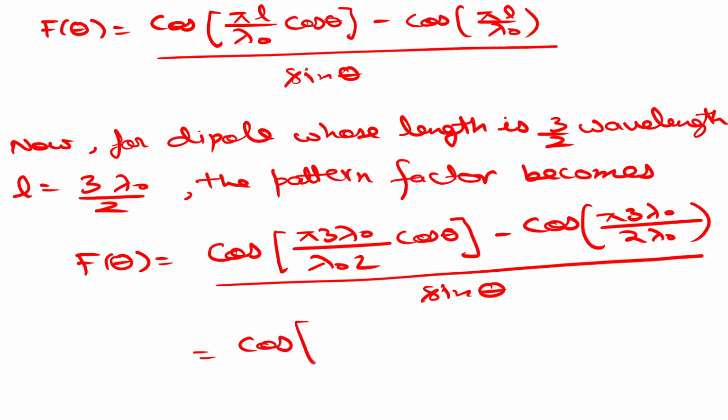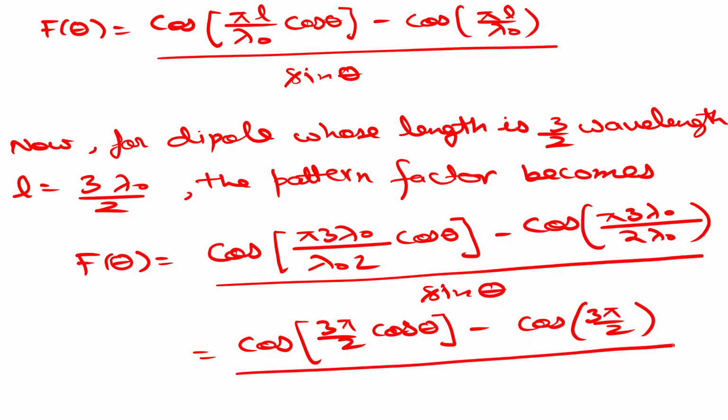Now this will become cos 3 pi by 2 into cos theta, minus cos 3 pi by 2, and we know cos 3 pi by 2 is 0. So this is sin theta.